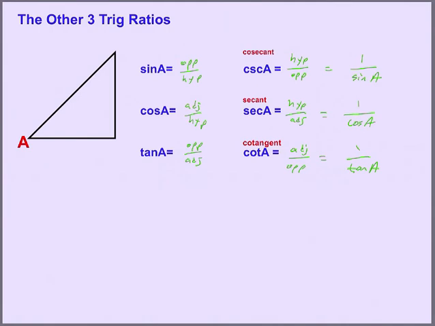One important note before I end this video: when we use these reciprocals, the cosecant of angle A is the reciprocal of the sine of A, so 1 over sine of A. That is not the same thing as the inverse sine of A, which we know is called arcsine of A. Very, very important.